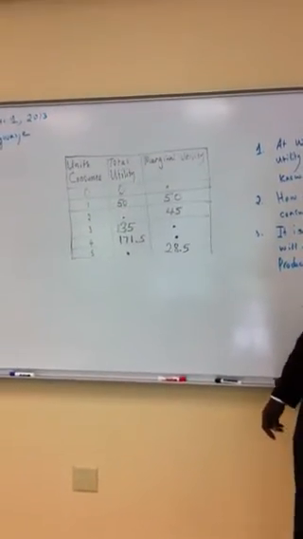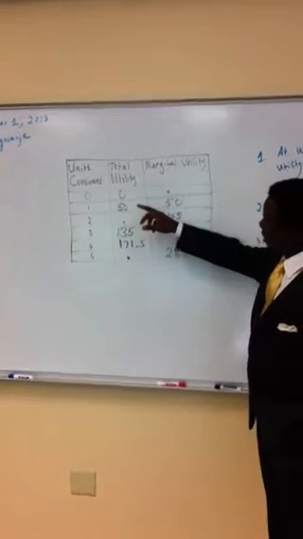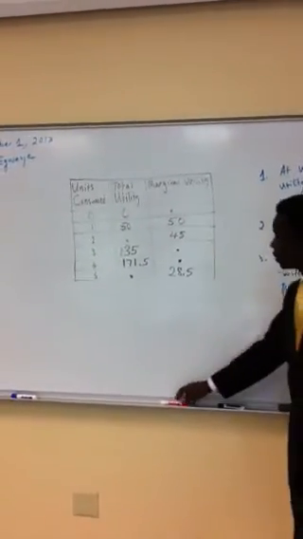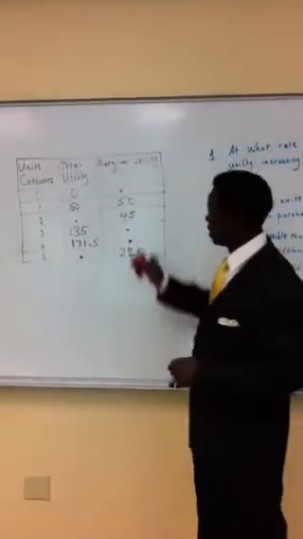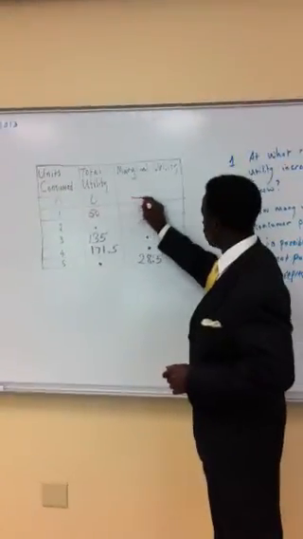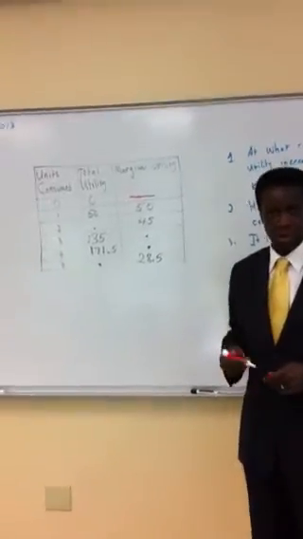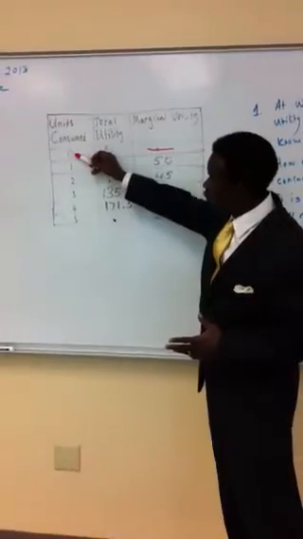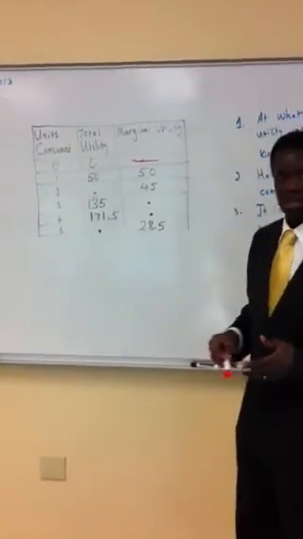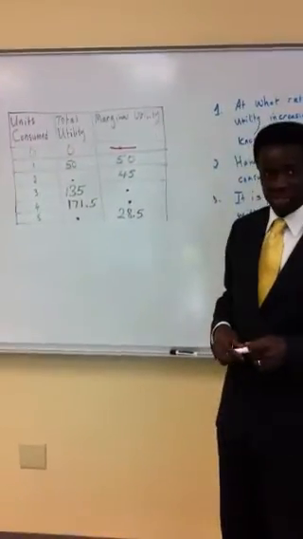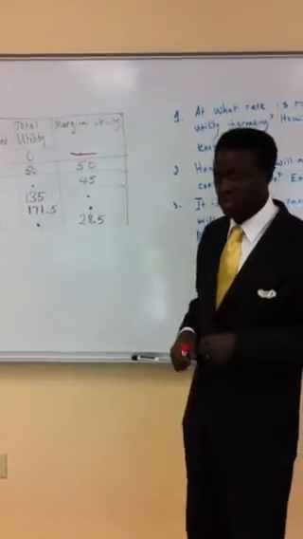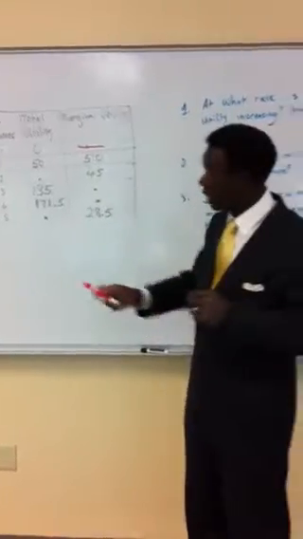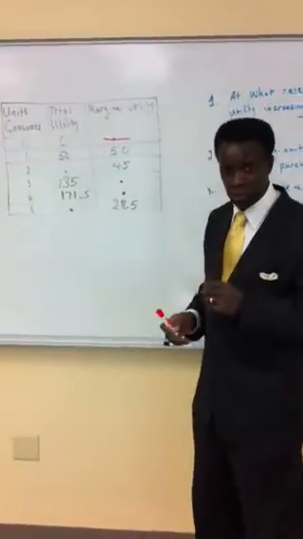If the total utility is 0, it is because there is no marginal utility, or there is no consumption. When you consume 1 unit, your total utility will be equal to the marginal utility of 50. So total utility and marginal utility are equal at 1 unit of consumption.